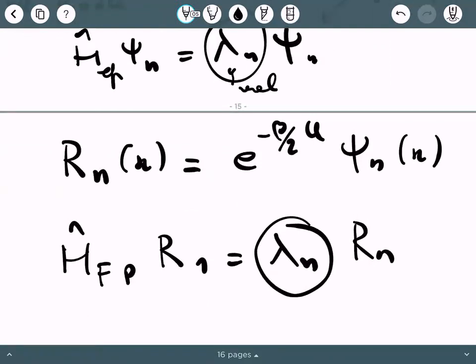So the fact that there exists a non-unitary transformation that puts the Fokker-Planck equation into an Hermitian form is the special property of the Fokker-Planck operator. That makes this non-Hermitian operator a very lucky non-Hermitian operator, which does have infinitely many eigenstates, all with real eigenvalues.